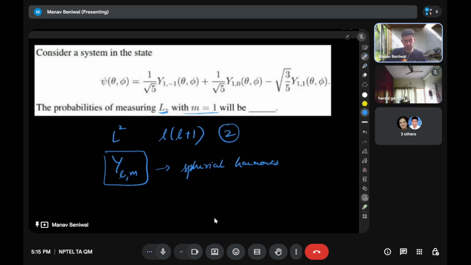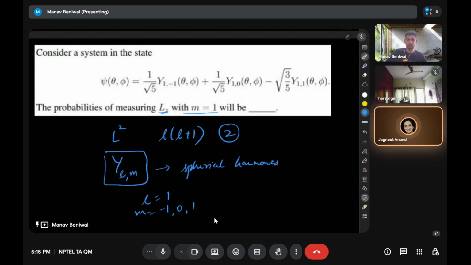So we have angular momentum, so L is 1, and corresponding to L equal to 1, we will have 3 values of m, from -1, 0, and 1, right? Because these are spherical harmonics, they are directly related with the angular momentum.